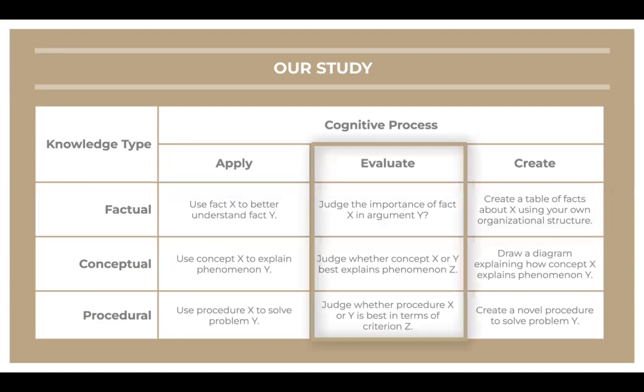And if we look at the evaluate column, for a factual task, again, it would be judge the importance of fact X in argument Y. Conceptual would be judge whether concept X or Y best explains C. And then procedural would be judge whether procedure X or Y is best based on some criteria. Right, so that's the task one.